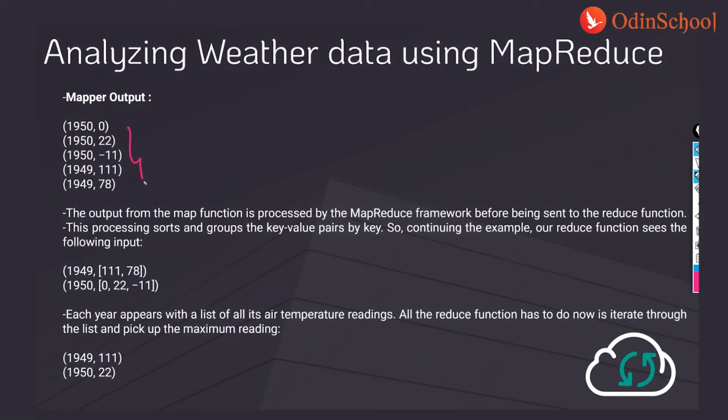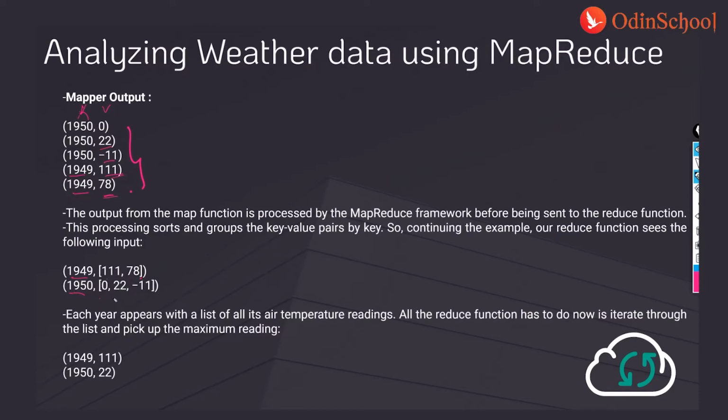So the mapper output would be something like this. The key would be the year, and the value would be the temperature: 1950 0, 1950 22, 1950 minus 11, 1949 111, 1949 78. Now for 1949 we have 111 and 78, which are the list of values.